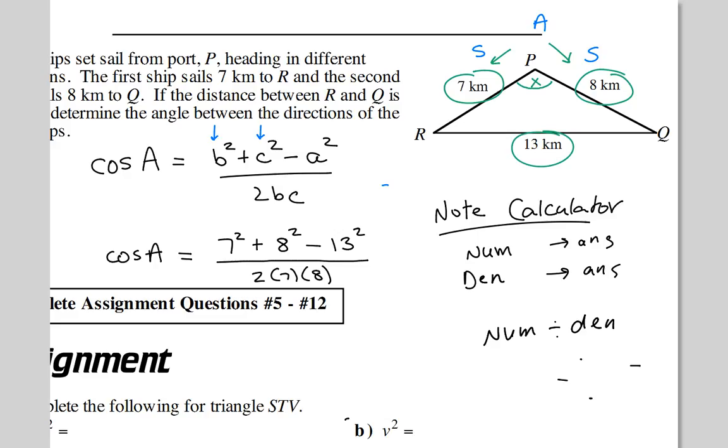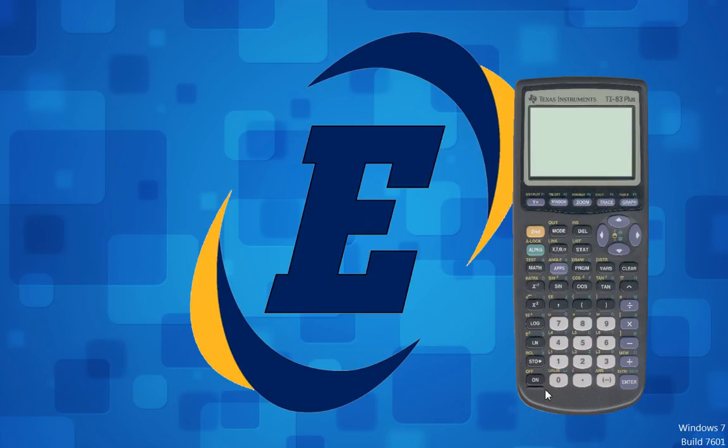Is that clear? Because sometimes you do all this good work and then you get screwed over by the calculator because you don't remember, or you're too sloppy, or you're lazy, or whatever reason. So please watch the calculator.